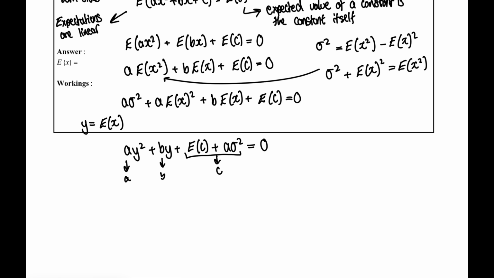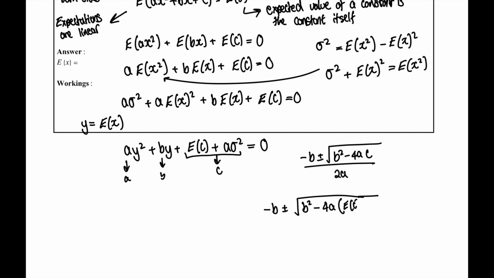So if we use the quadratic formula now, minus b plus or minus the square root of b squared minus 4ac, all over 2a, we get minus b plus or minus the square root of b squared minus 4a, where c is E[c] plus a sigma squared, all over 2a. So that would be our answer to that.